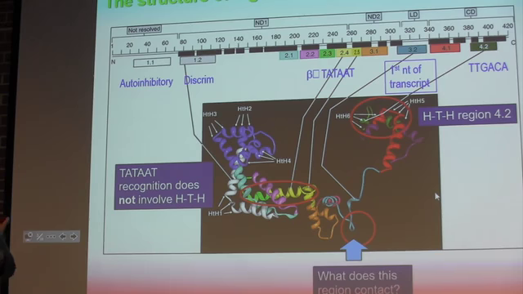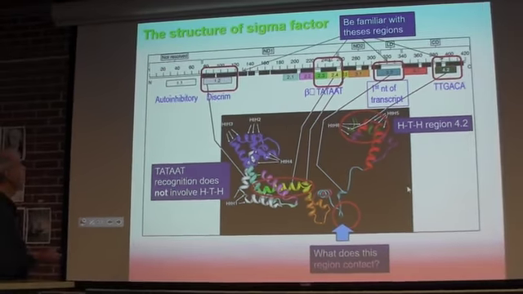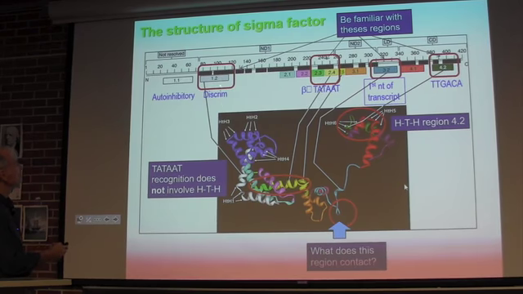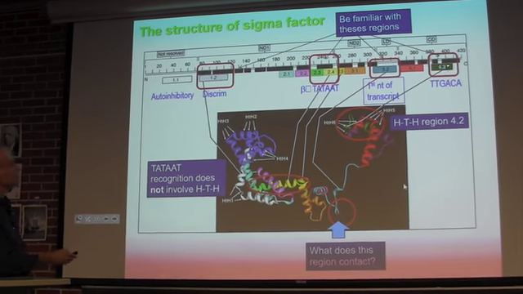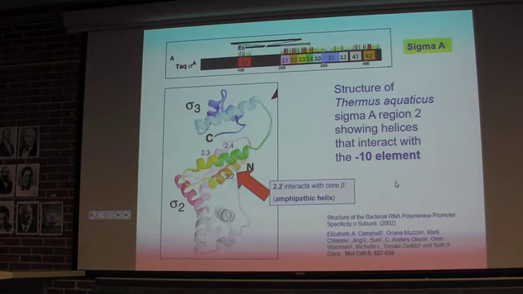It makes contact with the 5' end of the nascent transcript. Be familiar with these regions: discriminator, 2.3, 2.4, 3.2, and 4.2. We'll see more about that in a minute.